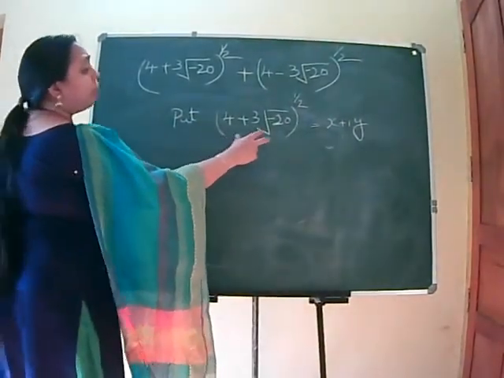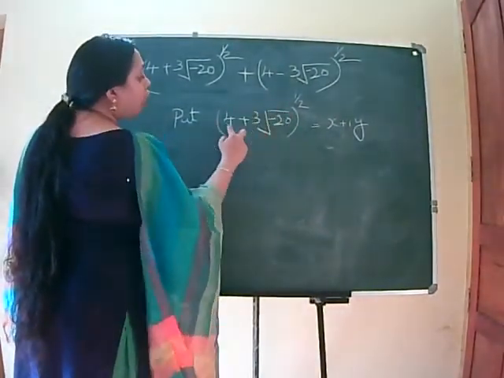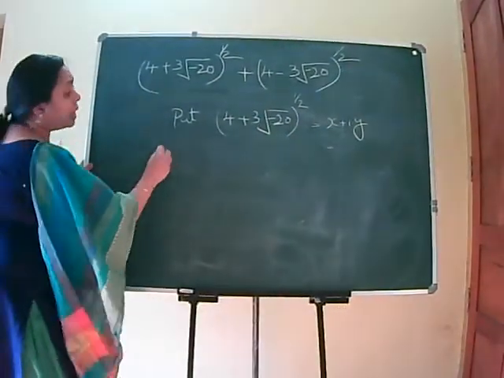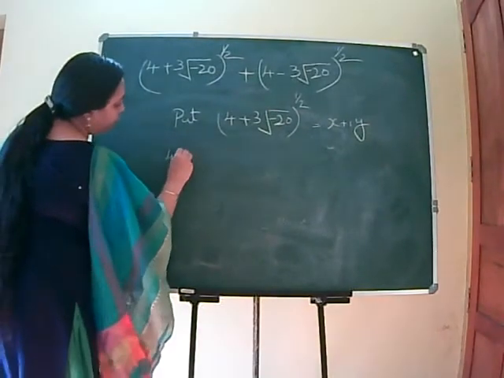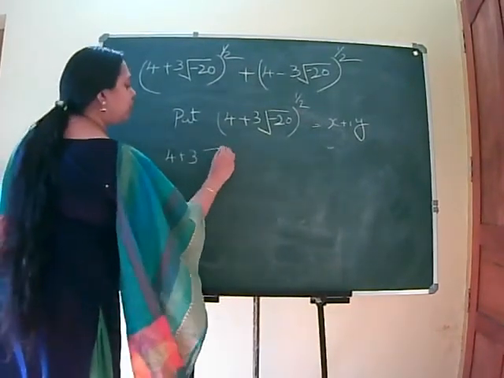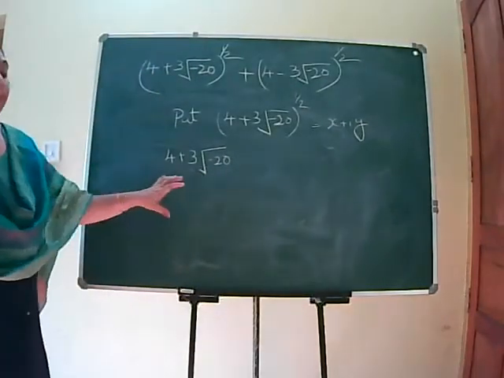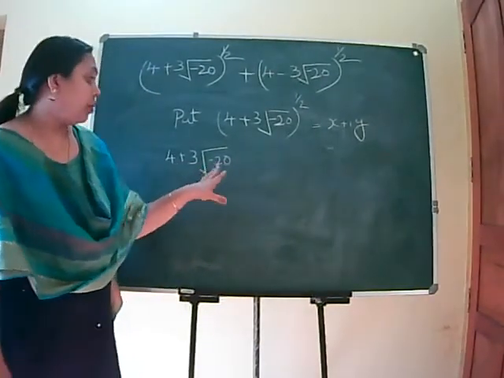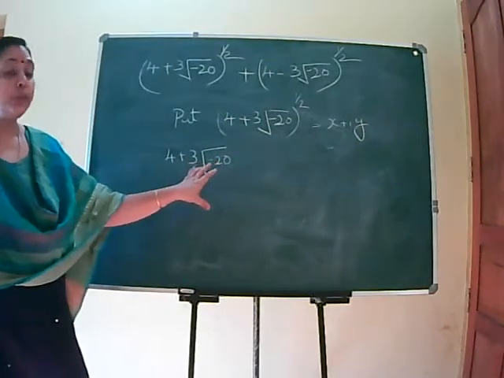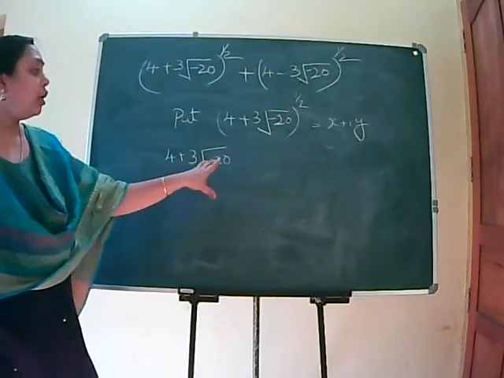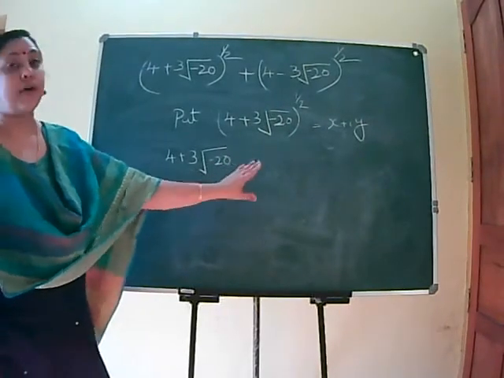Arbitrarily take this expression as x plus iy. First of all, we find the value of only this expression. That is, we know that minus 20 can be written as minus 1 into 4 into 5.